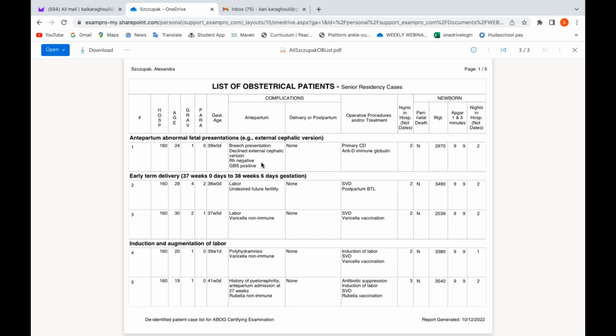What is the mortality rate with breech? I don't know the exact number, but I think something like 10 times higher.